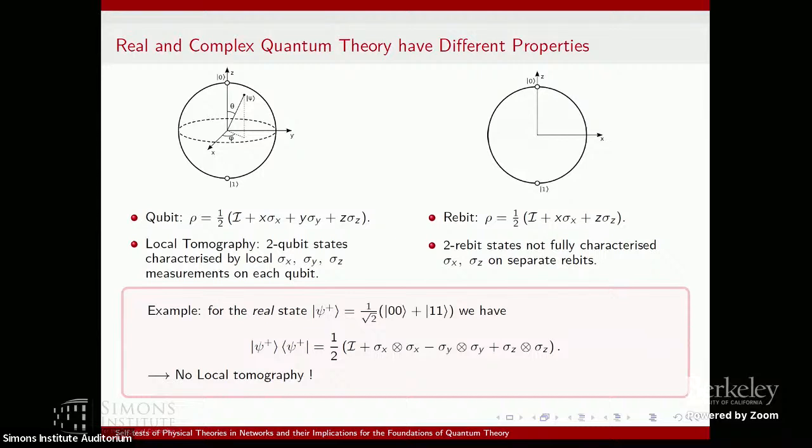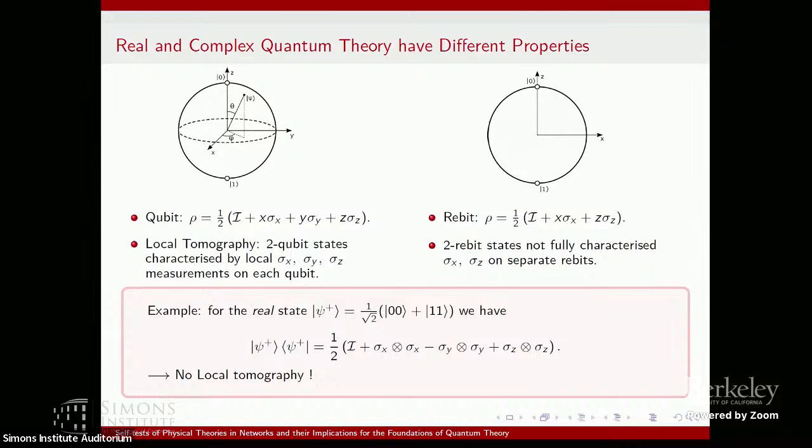Okay. But now in the case of real quantum theory, this is not the case. The X and Z plane is not sufficient for this, and I think the simplest way to see it is with an example. Assume we have this maximally entangled state that I call phi plus, and it's going to come up again later. If I write it in this way, we have this state, okay?